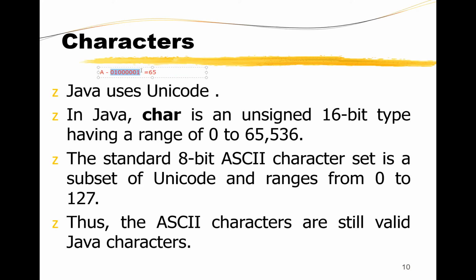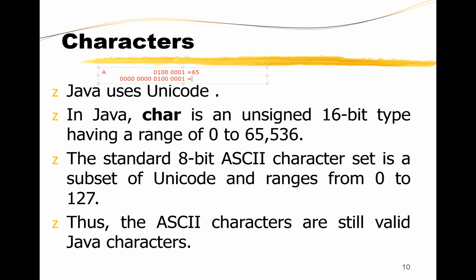Right now, Unicode uses 16 bits. This is how Unicode represents the capital A, and that is also the decimal value.